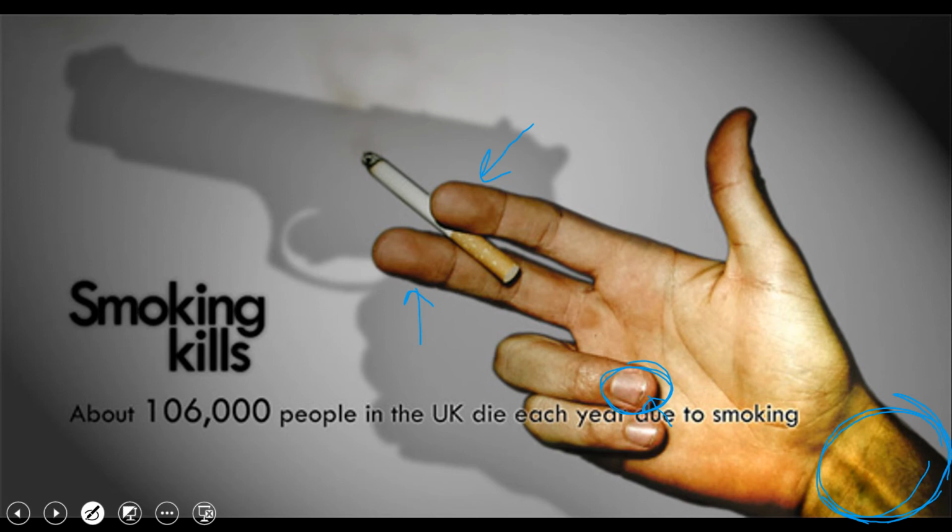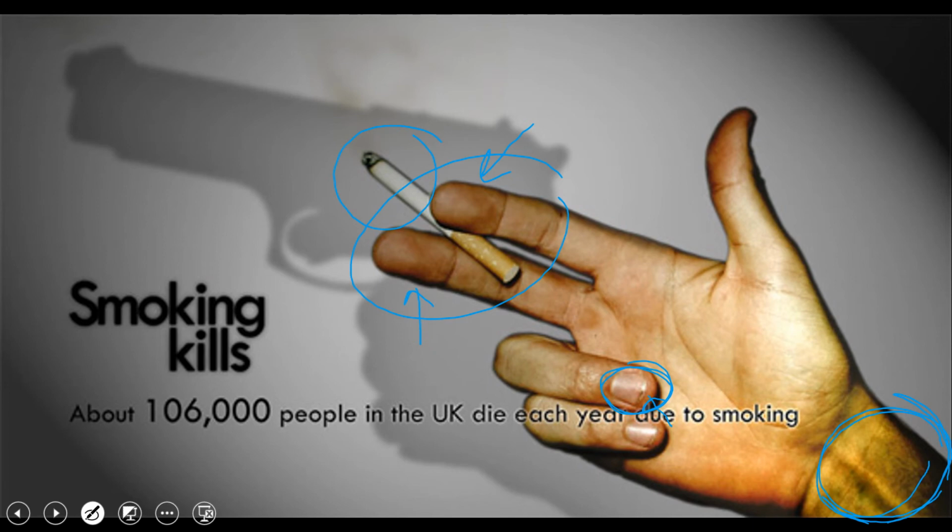But it's this idea that these fingers that are responsible for holding this cigarette are now dirty just by association with it. And nobody likes the idea of being dirty by association, or dirty in general. So these are aspects that we can think about.